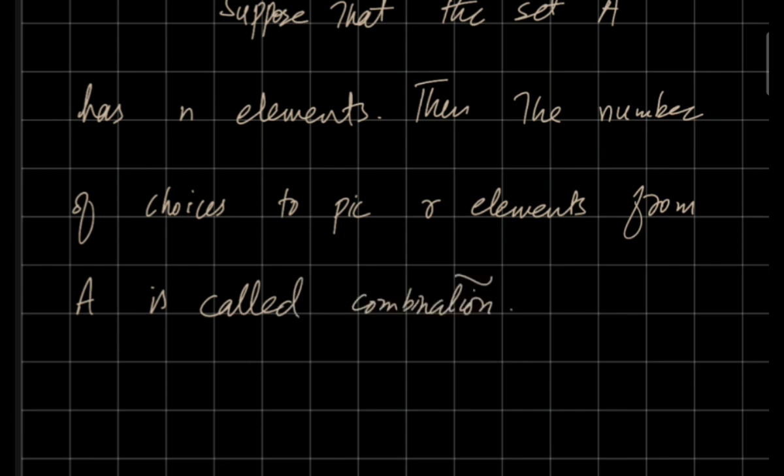So what is the combination? You have a set of n elements, you want to pick r of them. So how many choices do you have? The answer is combination.